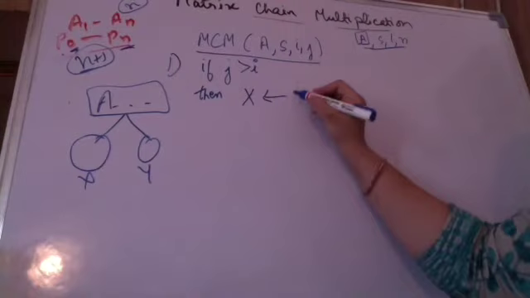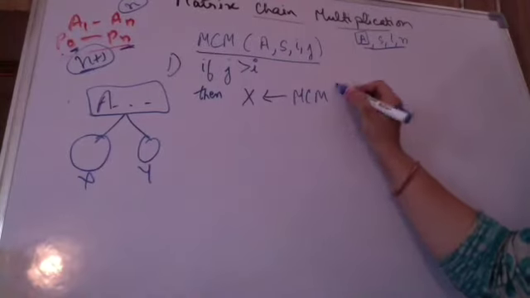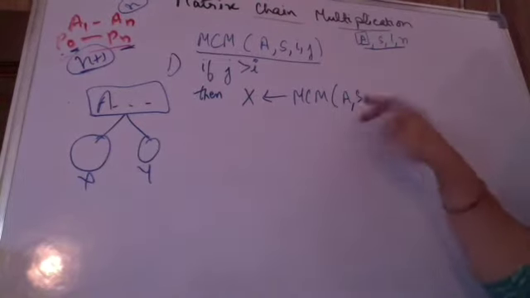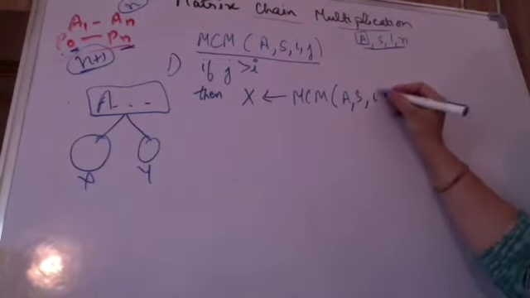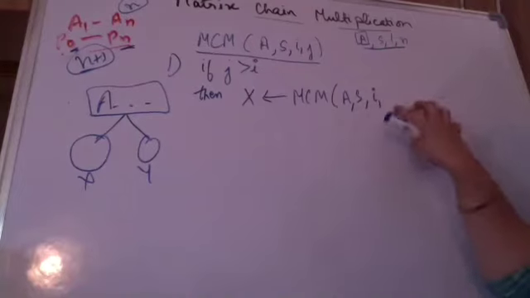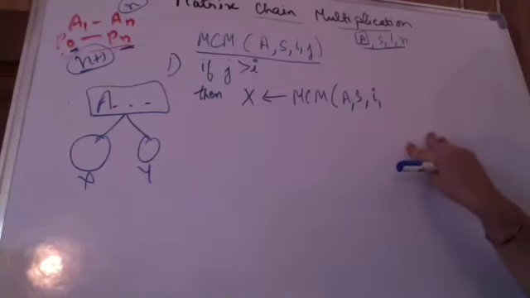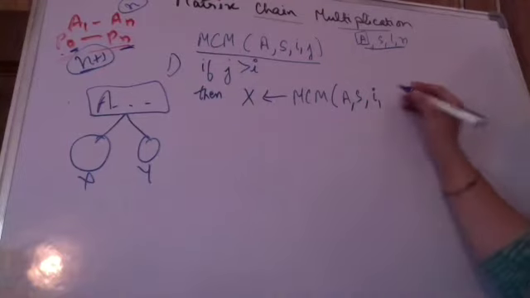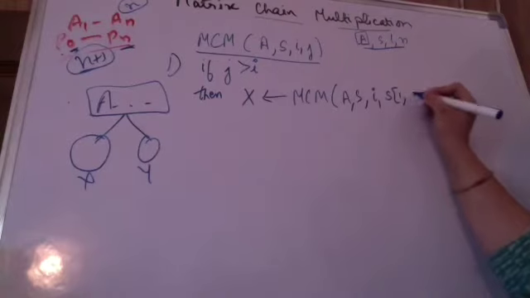So x is, I am calling this MCM again for what? For the first half. How do I know the first half? A and S will remain the same. I am calling it from i till k. Now where is the value of k? I have to call it for i to k and k plus 1 to j, yes or no? Yes, ma'am. k is stored in S of i comma j.